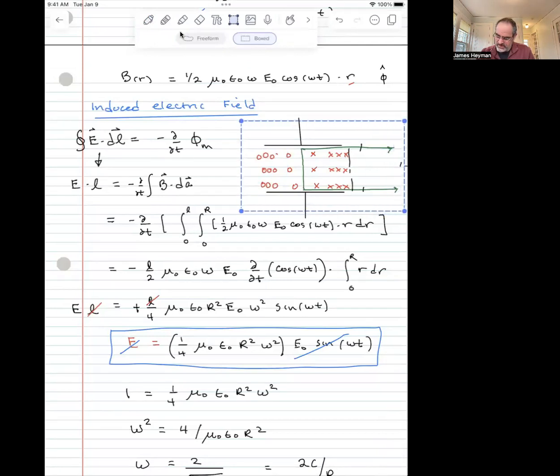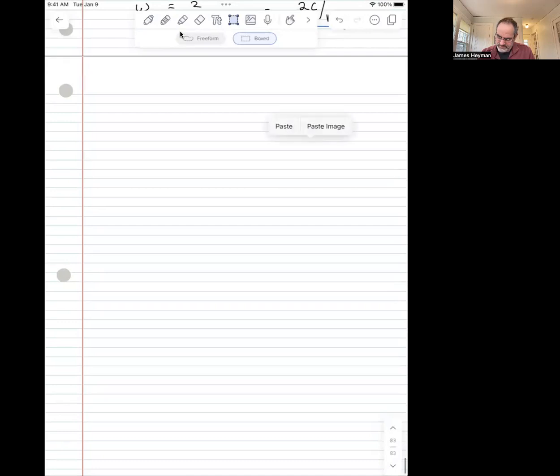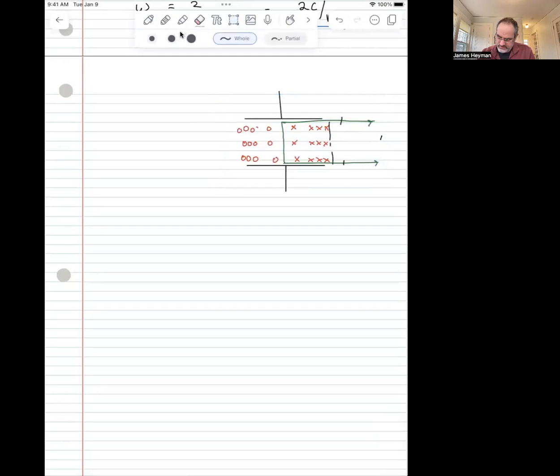Let's take a look at this drawing here again. We used this drawing to figure out the strength of the induced electric field at the center of the can.